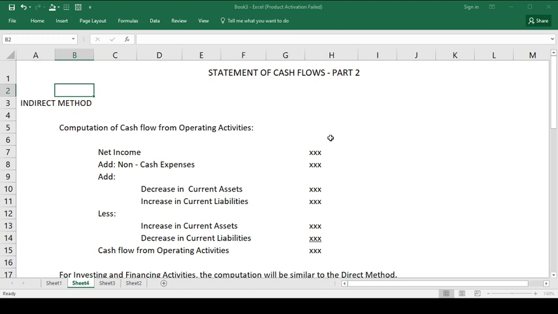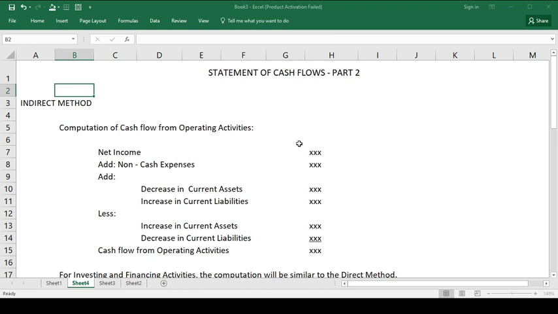Using the indirect method in computing the cash flow from operating activities, we begin by identifying the net income earned or net loss incurred by the company during the year, and this net income or net loss is presented on the statement of comprehensive income.